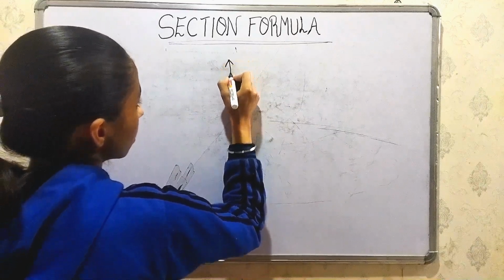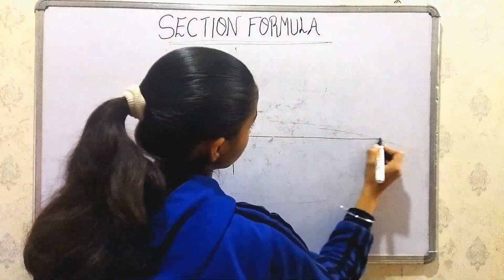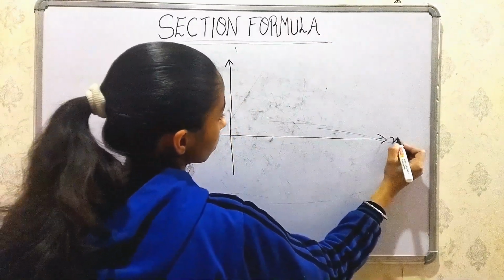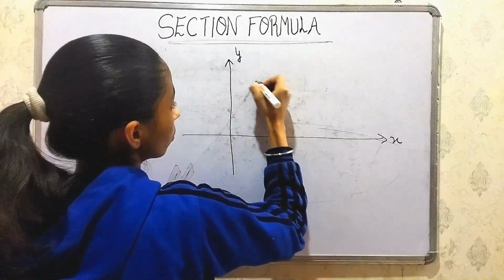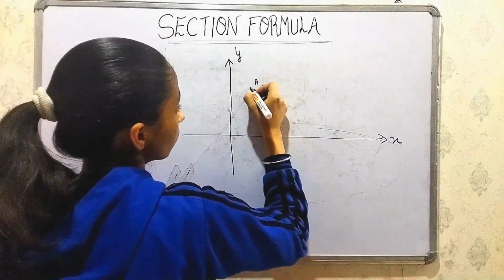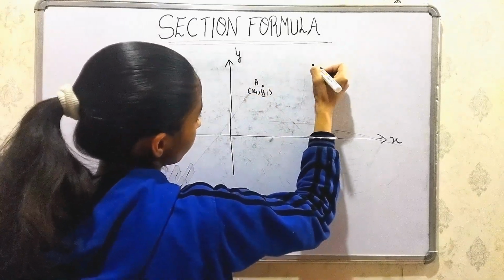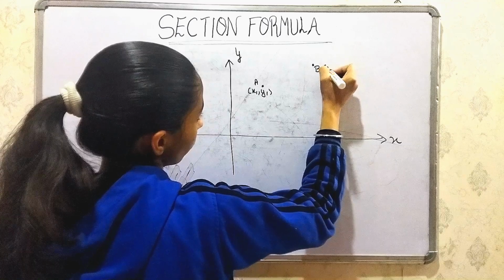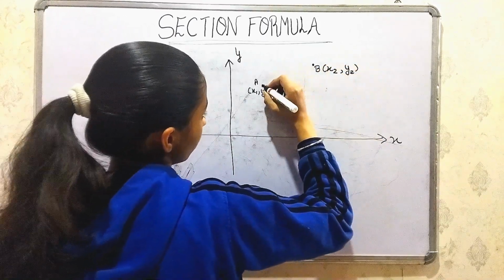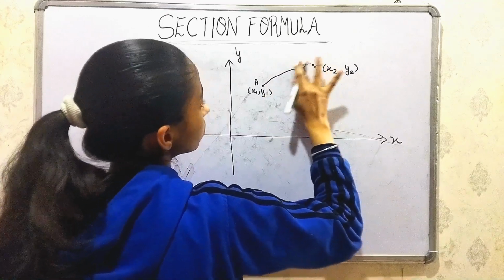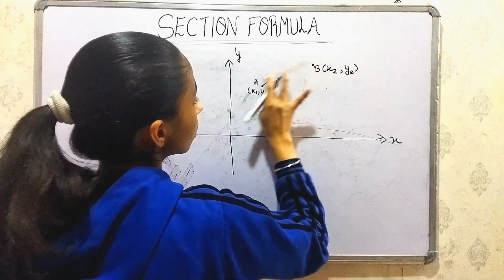Let's say this is y-axis and this is x-axis. Here is the point A which has coordinates x1, y1, and here is the point B which has coordinates x2, y2. Let's join these points.